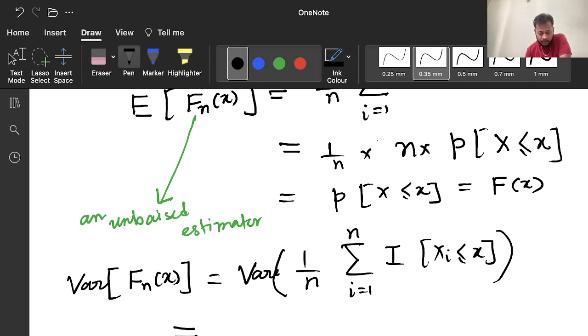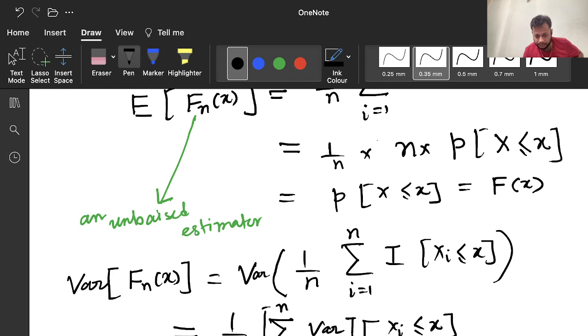So the 1 by n will come outside as 1 by n square, and this will be the variance of I(X_i less than or equal to small x).